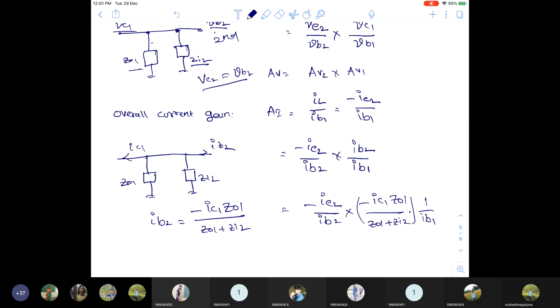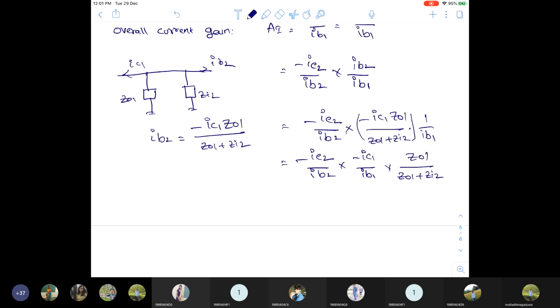Rearranging, IE2 by IB2 into minus IC1 by IB1 into Z01 divided by Z01 plus Zi2. Finally AI equals AI2 into AI1 into Z01 by Z01 plus Zi2. This is the overall current gain.